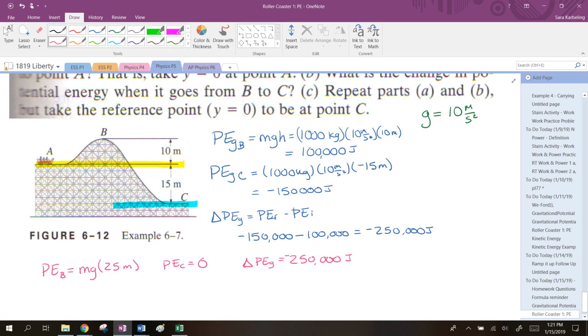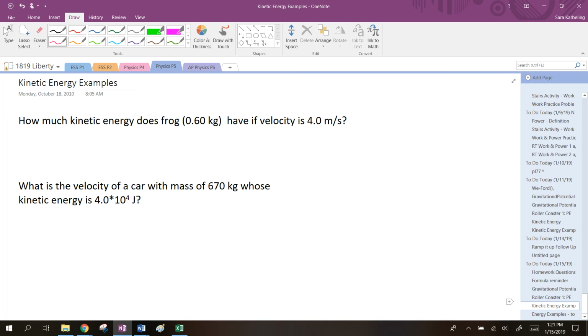We okay? All right. We have not a lot of time. I don't remember, yesterday you guys worked on one of these, I think. Did you work on this frog one? The kinetic energy frog one? Did we get to do the one with the car or no? No. Okay. I would like to do this with you really quickly.